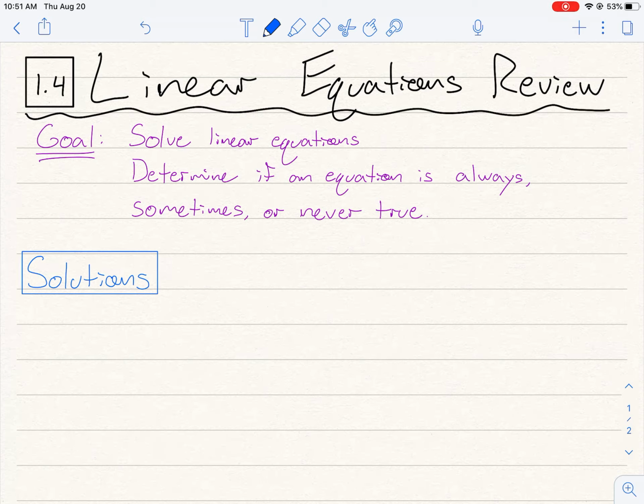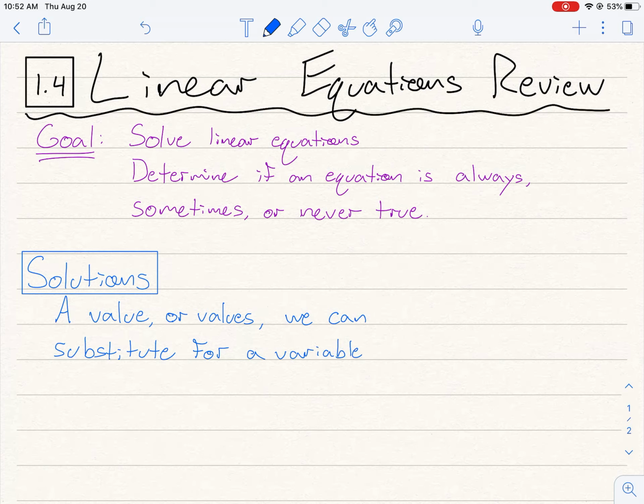But when we're talking about a solution in terms of math, it is a value or values we can substitute for a variable and it makes the statement true.